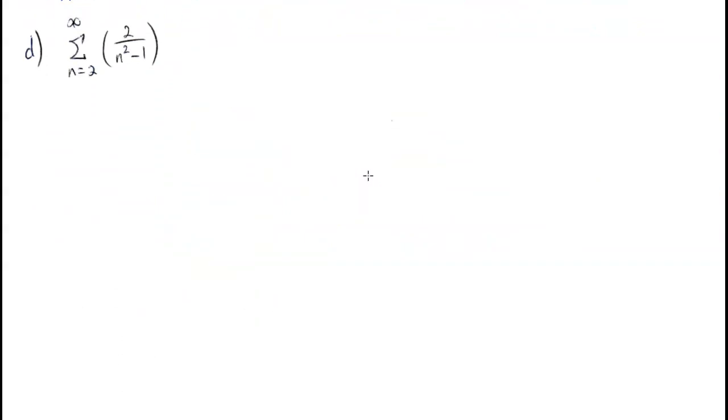All right, so let's look at this next example. For this one, notice that we can rewrite this particular series this way. We factor the denominator here: n minus 1 times n plus 1.